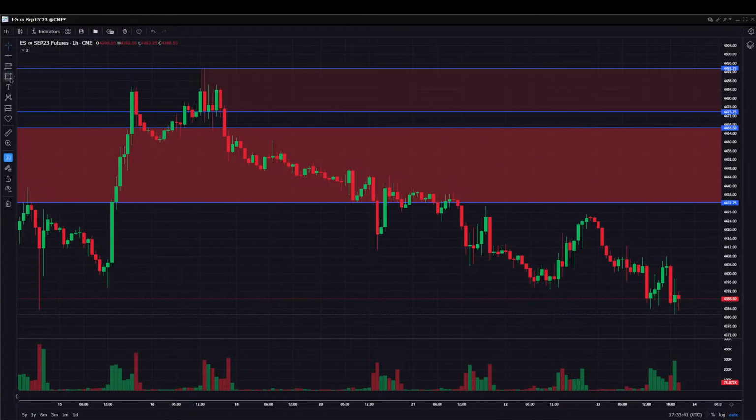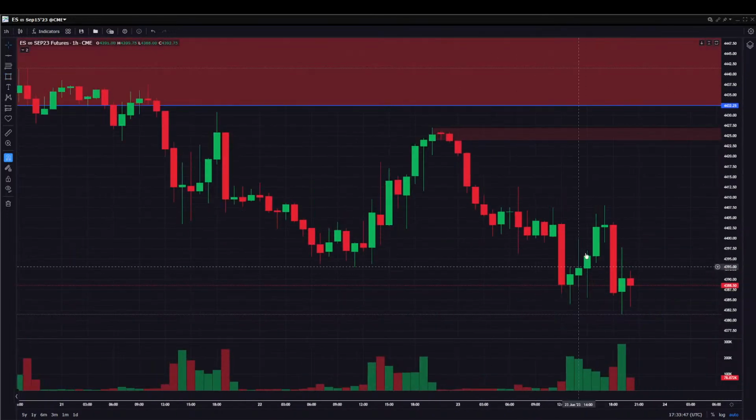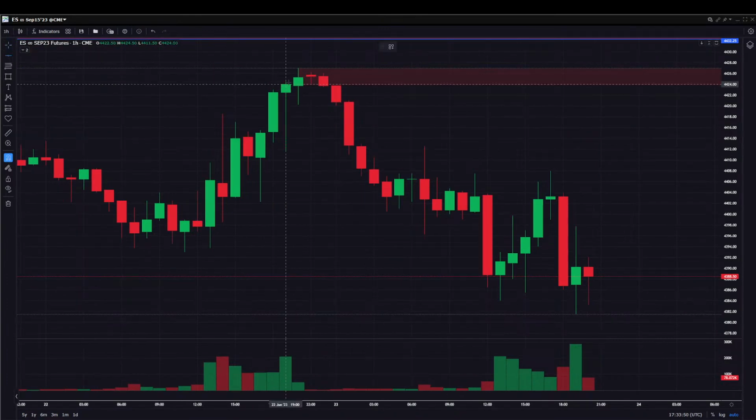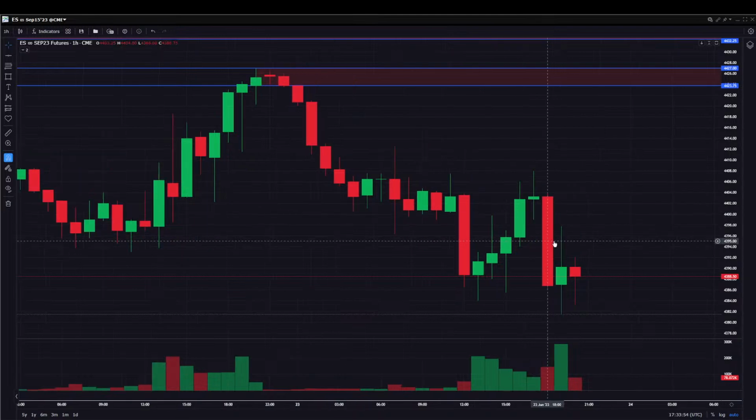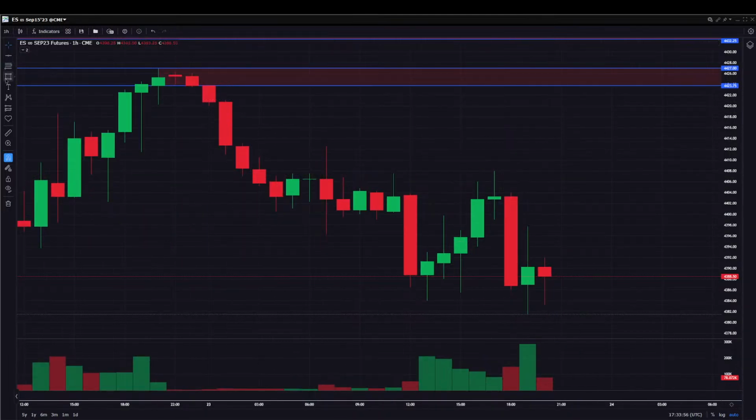And at the moment, I do have this as the most recent supply zone. And then this one as well, as you can see that shift, we have another supply zone here.